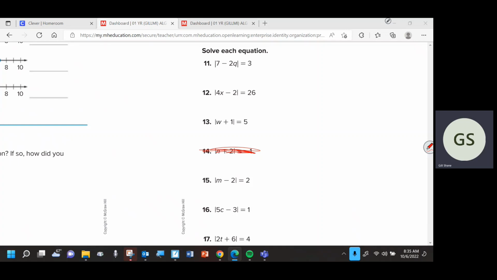Don't worry about that one. If you can do those 6, you should be fine for the absolute value part of the quiz. Once you practice them. Again, there's no retakes on this.